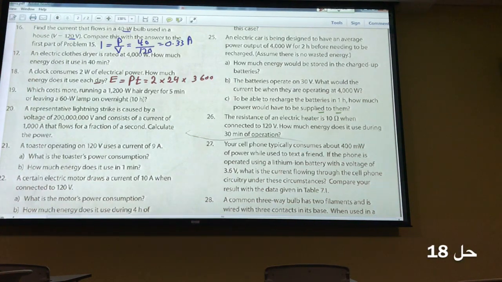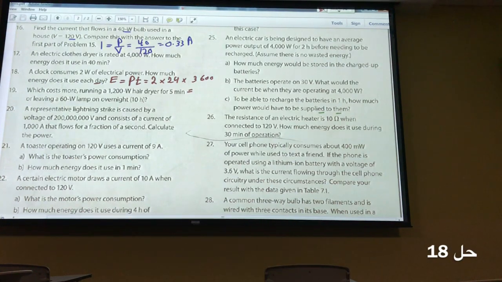Okay. The answer will be 172,800. What's the unit? Joule. The unit is joule.